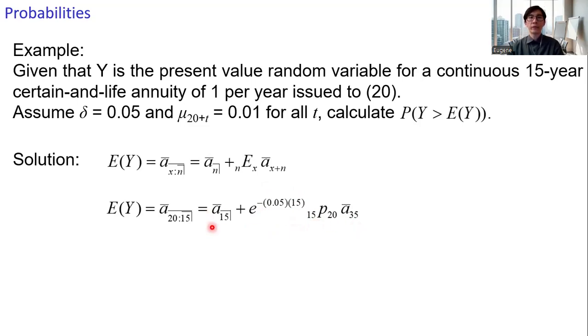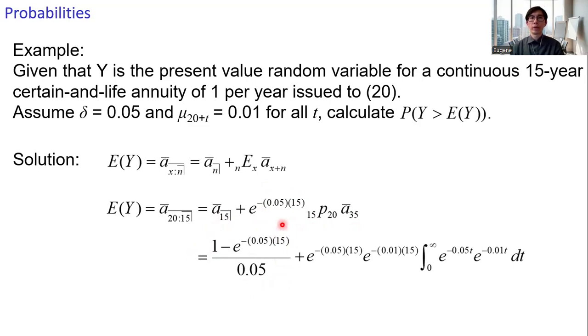ā angle 15 here is the annuity certain with this expression. And then the second term, 15p20, constant force of mortality, e to the power minus mu times t.